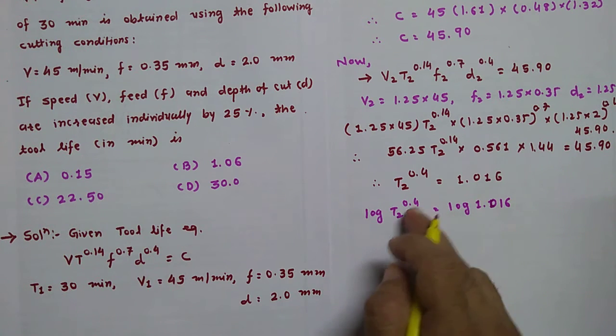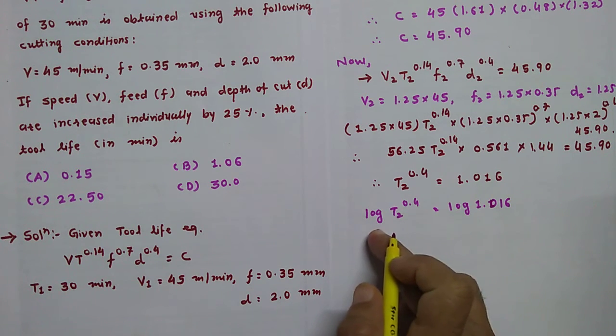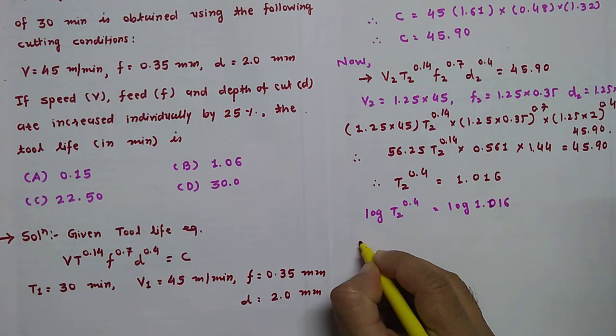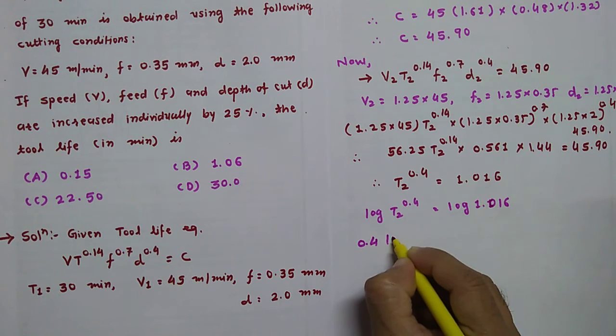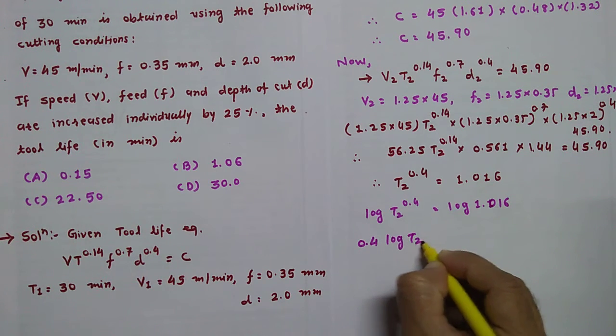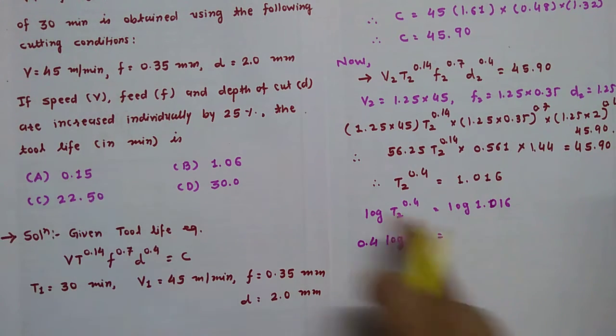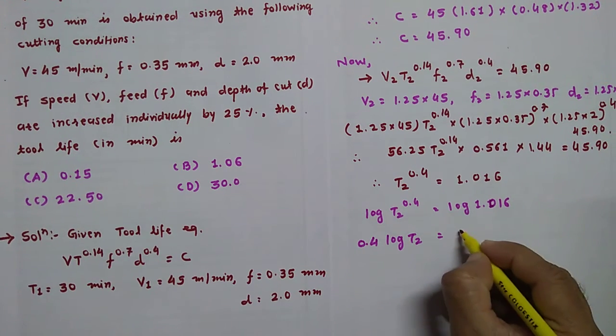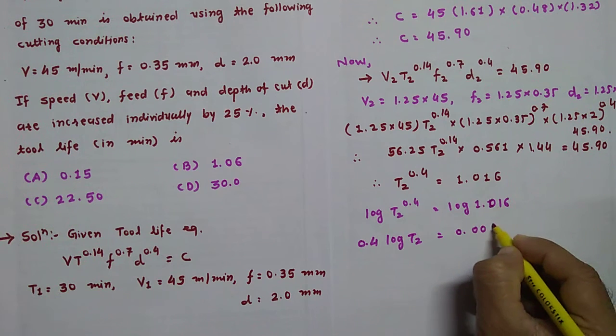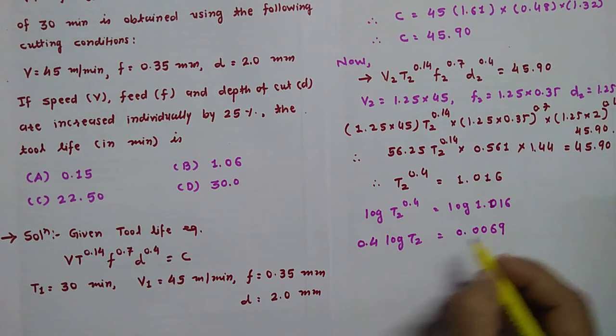Okay, so here you can write like this: we have taken the log, so 0.14 comes to this side. 0.14 log T2 is equal to, the value of log 1.016 is 0.0069.